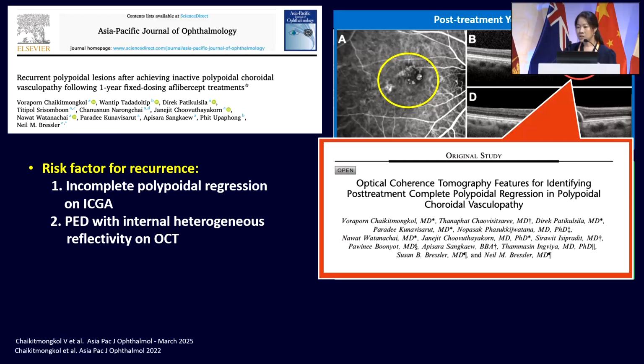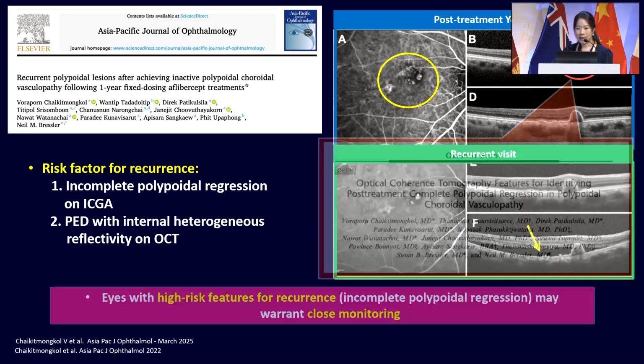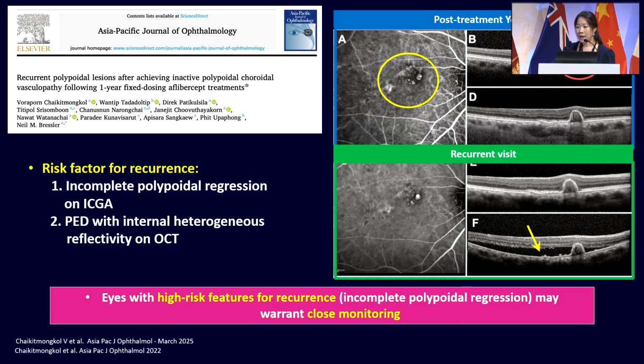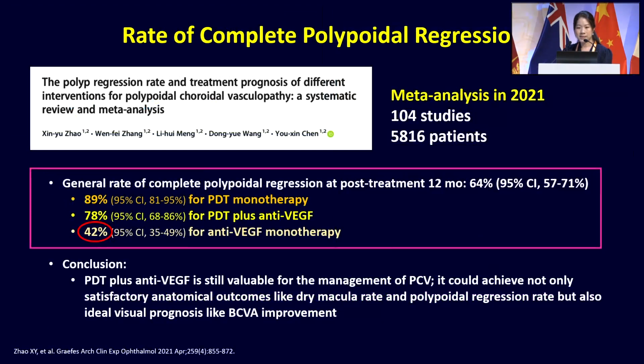And we have previously published that these features on OCT, the features of incomplete polypoidal regression, correlate with the findings on ICGA. So if you find these high-risk features for recurrence, keep in mind that you shouldn't stop injection right after achieving your treatment goal, but you'd better closely monitor these eyes because of higher risk for recurrences.